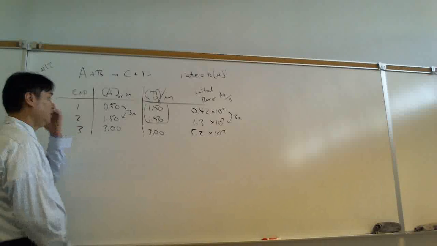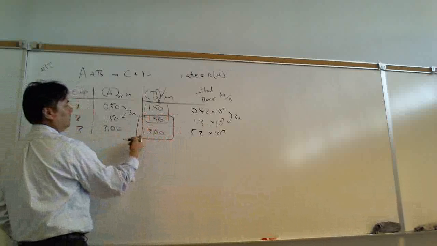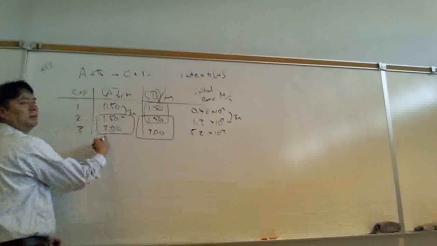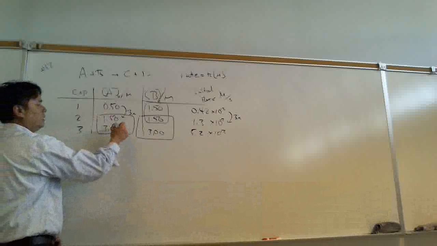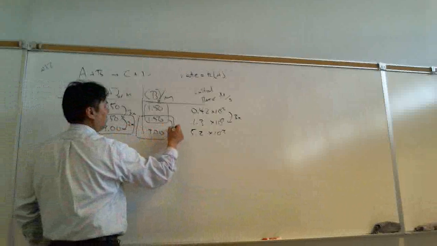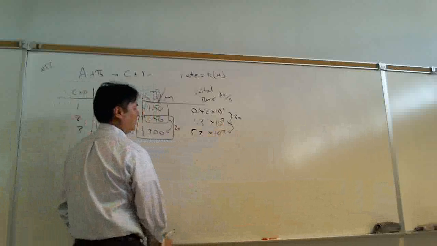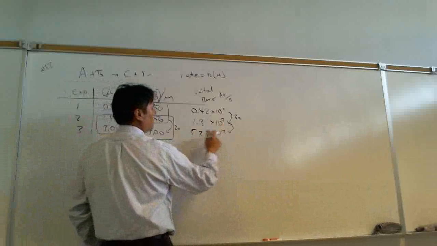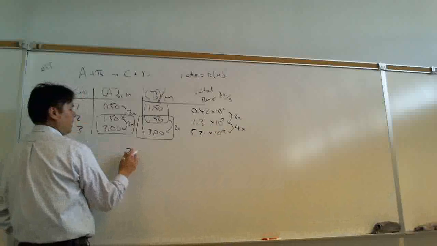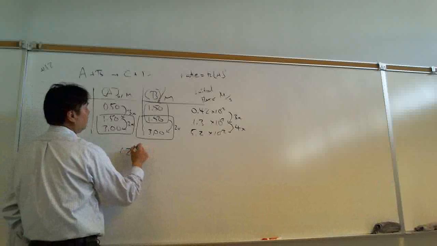And so B here, they doubled the B. They doubled B here, but they also doubled A. And so if we double B and double A, what happens to the rate? It went up 4 times. And so in other words, we would have 2 to the, what power is this?